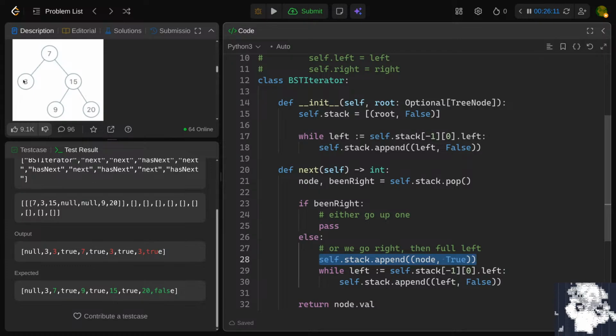So we're going to return 3. And then we're going to say we have not been right. And then we're going to try to go right. I guess the problem is we can't go right, so we should still go up by 1. So if you've been right or you don't have a right.